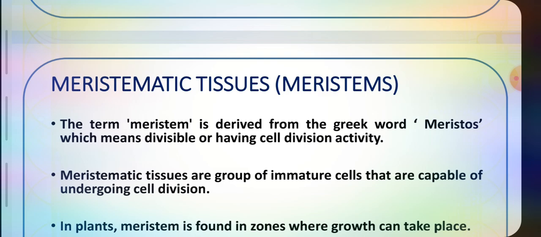Mature cells become permanent; they stop dividing and do a function. Here they are immature because they are only for cell division, going on dividing and producing new cells so that the cell number is increased.